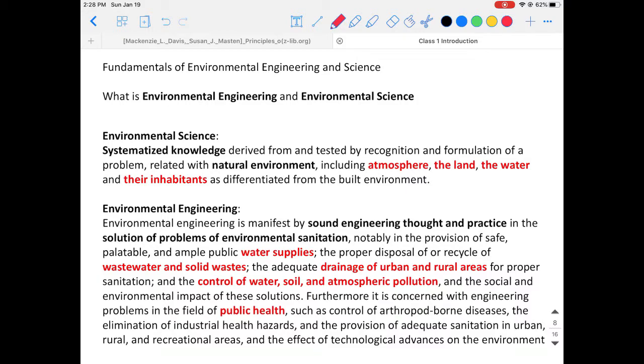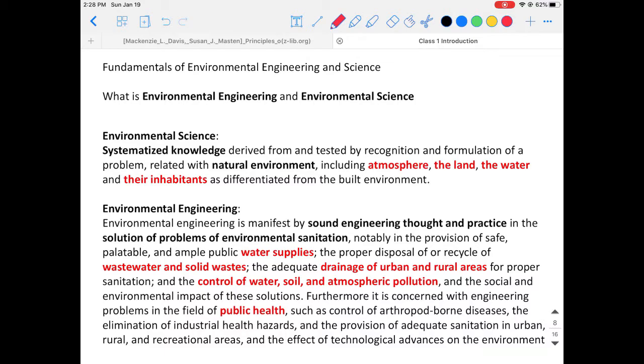Specifically, environmental science is the systemized knowledge derived from all different sources, but related to the natural environment. It can include the atmosphere, the land, which means the soil, and also the water and their inhabitants, as differentiated from the built environment. So there are the natural environment and the built environment, and we are interested in the natural environment.